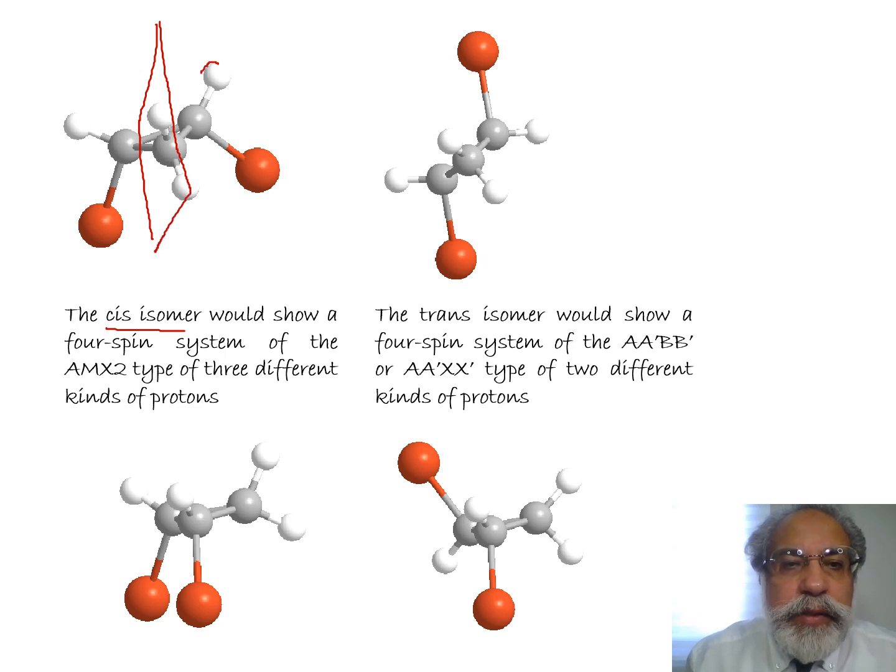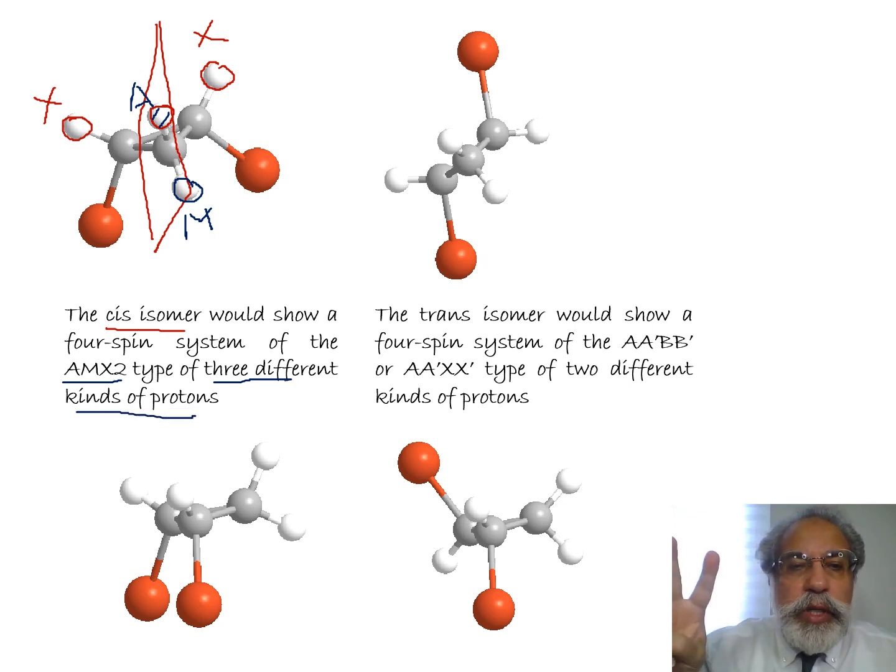You will find that these two hydrogens are mirror images of one another, so you have here X, X. Here you have two hydrogens that are not related to one another by any symmetry operation, so you have here A and M, and you have an AMX2 type with three different kinds of protons.